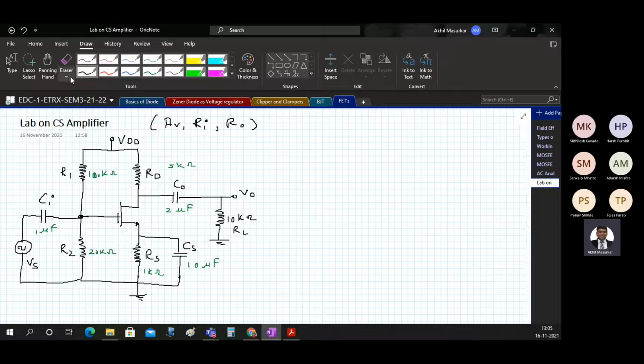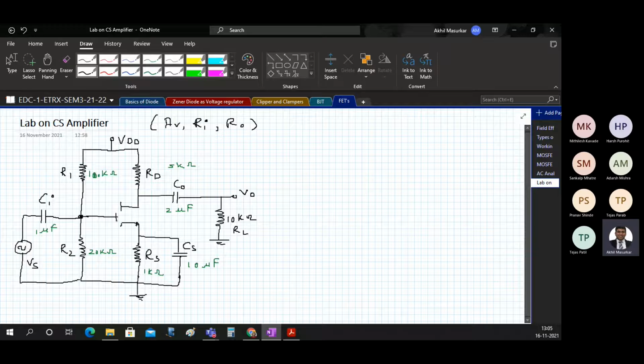This is a MOSFET, not a FET. Please draw the symbol a little bit properly. This is drain, source, gate, and here you have VDS, and here you have your VGS, and the drain current always flows from drain to source.